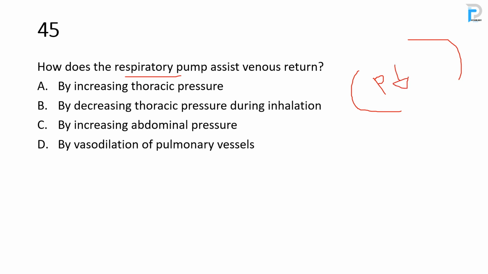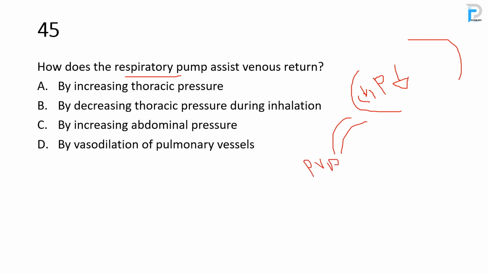So the atrial pressure also gets less, so central venous pressure becomes low. That will help in an increase in the pressure gradient between peripheral venous pressure and central venous pressure.